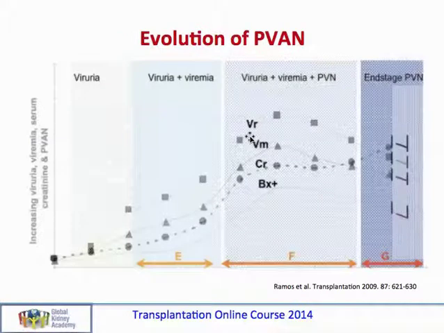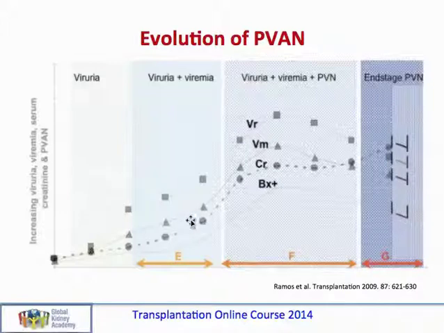And if you look at the evolution of polyoma virus-associated nephropathy or BK-associated nephropathy, first of all you see BK viruria here in the black squares, and then you see increasing levels of viremia in the triangles here, and then as the viremia increases you get a rise in the serum creatinine here relatively late, later after the onset of viremia.